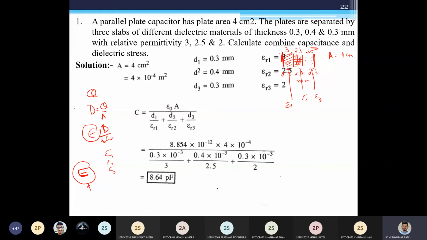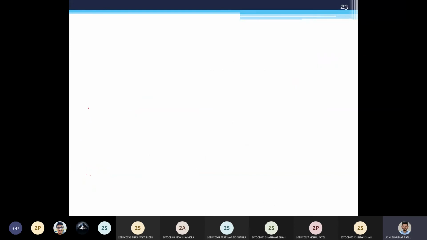Now the question is how to find this Q. We know that Q is equal to C into V. But the issue is that V is not given in the entire question. If you look closely, potential is not given. In this kind of scenario, you can assume the potential.